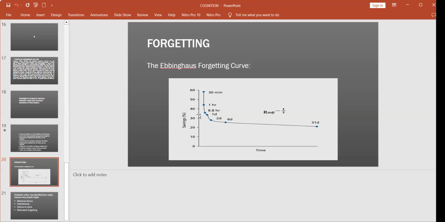So 65% is lost, forgotten. After 2 days, it's 30% that they remember. At 6 days, a week's time, it's almost 31 again. Then at 31 days, again it's 30%.